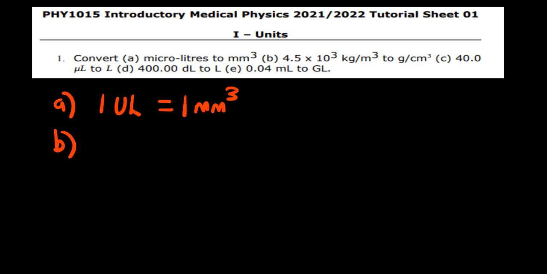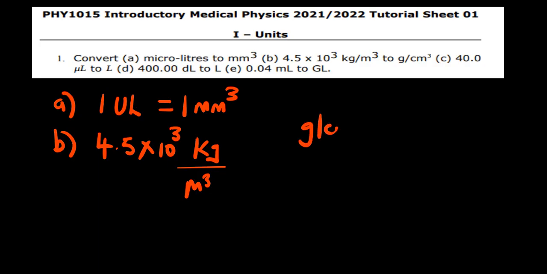Now B, we are asked to convert 4.5 times 10 to the power 3 kilogram per meter cubed to grams per centimeter cubed. So how are we going to achieve that?